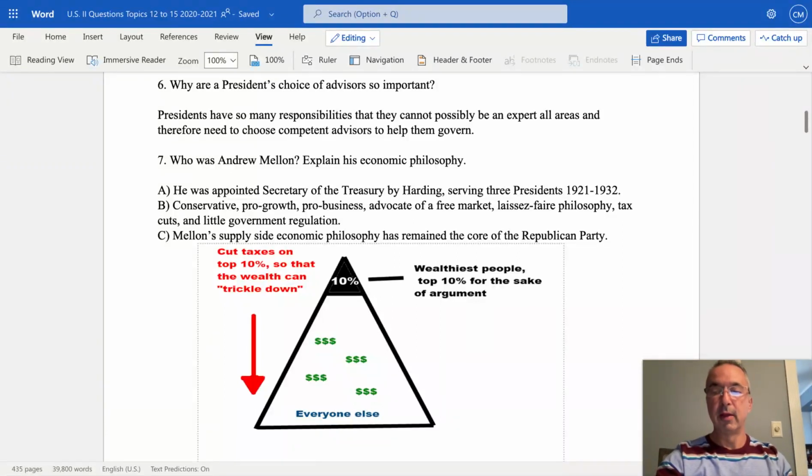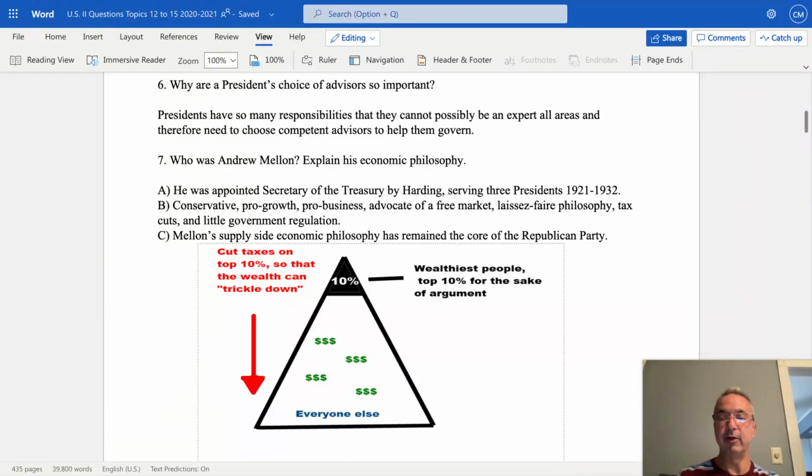Once taxes are cut, big business owners could have more money in their pockets, and then they'll hire more workers. If they hire more workers, people who might have been unemployed can now have a job. If they have a job, then they'll be able to purchase more goods, and everything will trickle down from the wealthiest members of society down to the lower and middle class.